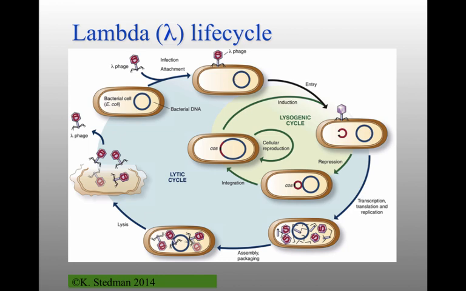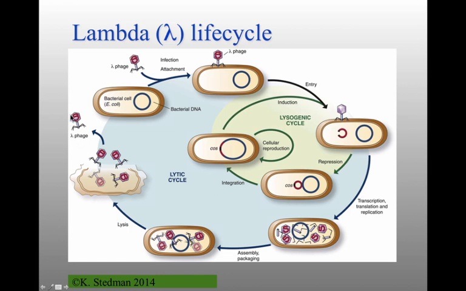So one of the really fascinating things about Lambda, one of your more fascinating things, take virology next term, is that Lambda can replicate in two different ways. Either, if you look at this outside circle here, through a lytic process, which is where the virus binds to the outside of the cell, injects its DNA, that DNA makes many copies of the proteins, and then it lyses the cell, and you just go around this process again.